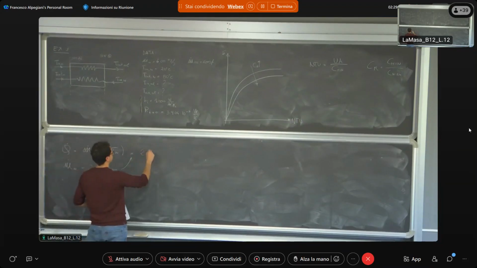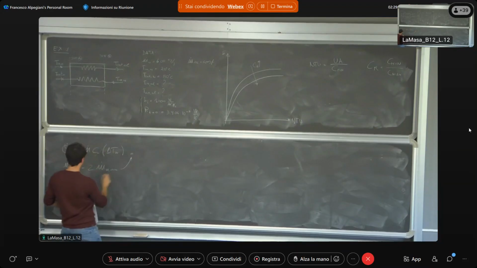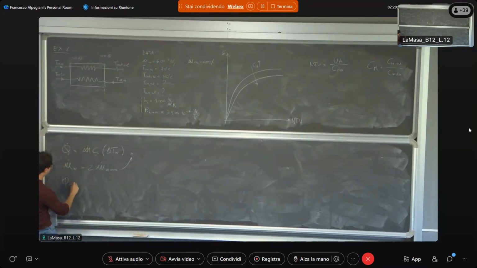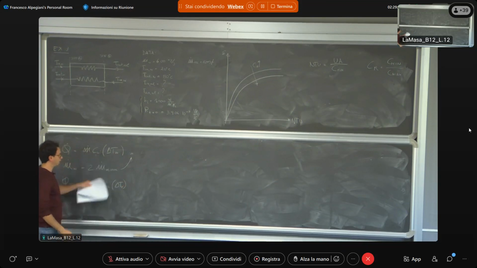So the nominal power, Q norm, will be equal to m water at nominal condition times Cp times delta T at nominal condition of the water, and the off-design is the same.